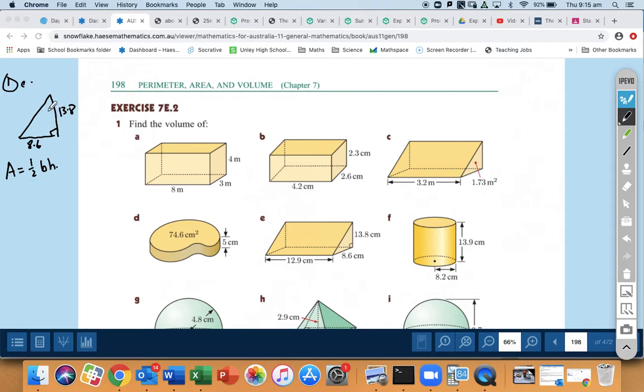Here the base is 8.6, the height is 13.8. To get the area of the end of this shape, this triangle, I'd have to do a half times 8.6, that'll be 4.3, times the height, 13.8. We'll find out what that is. So we've basically got 4.3 if we half 8.6 times 13.8.